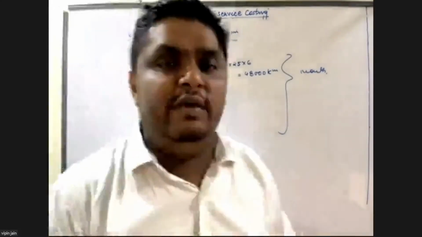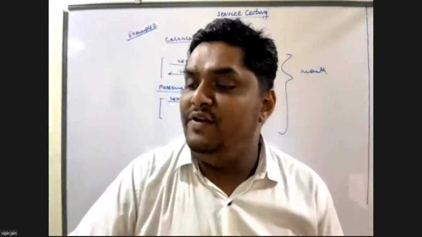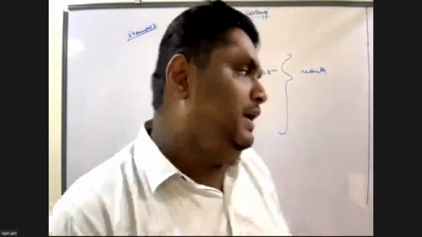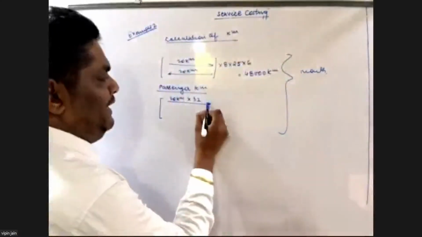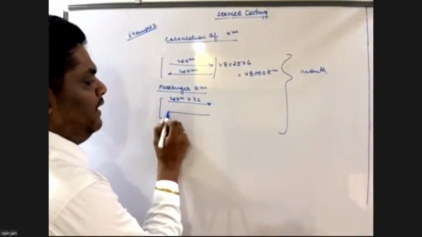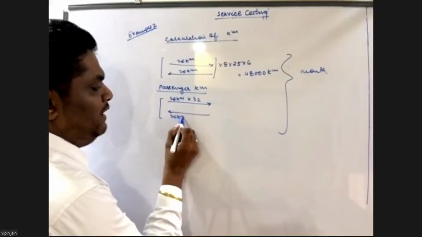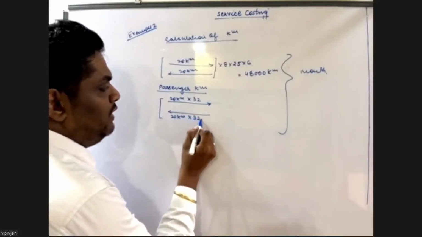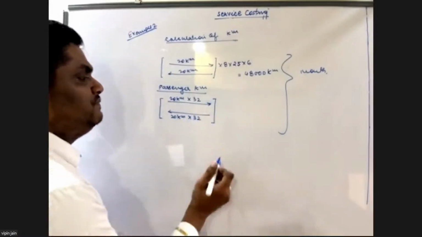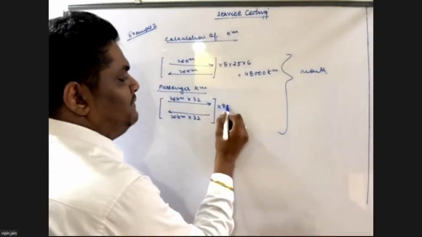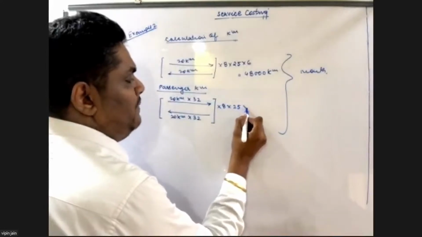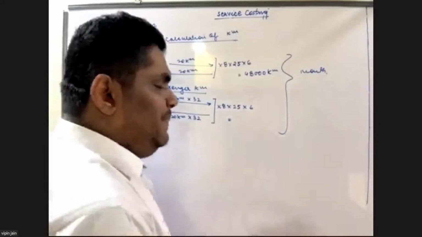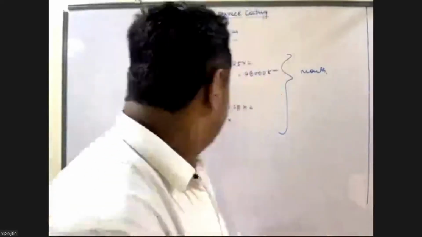Since the seating capacity of the bus is 40 passengers and on an average the occupancy is 80%, 40 into 80%, that is 32 passengers are traveling for 20 kilometers in the onward journey. And in the return journey also for 20 kilometers, a total of 32 passengers are traveling. Multiplied by 8 times in a day into 25 days in a month into 6 buses.